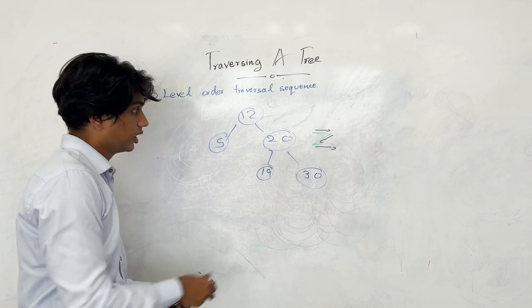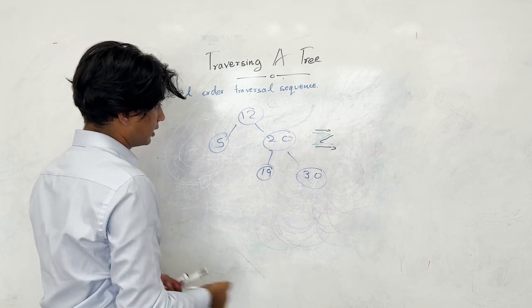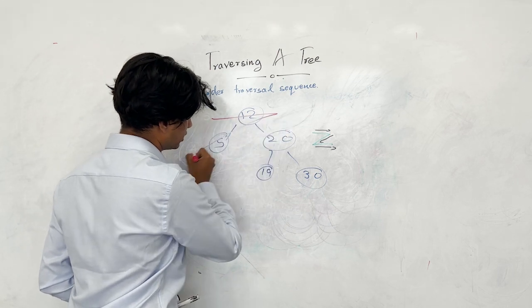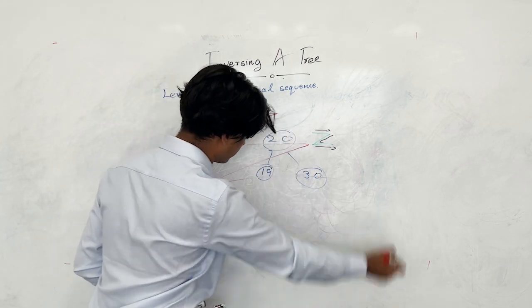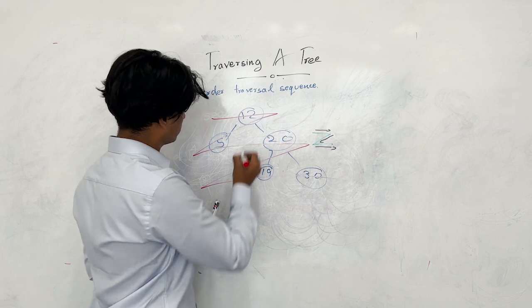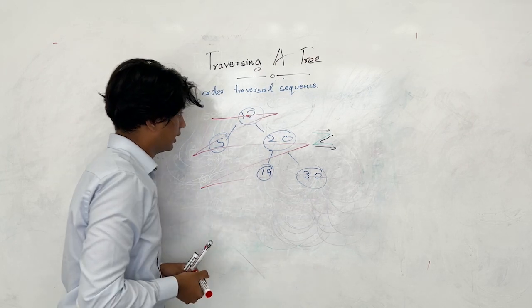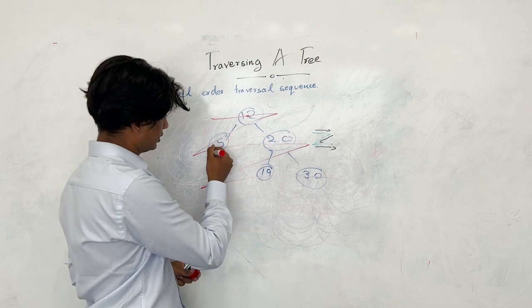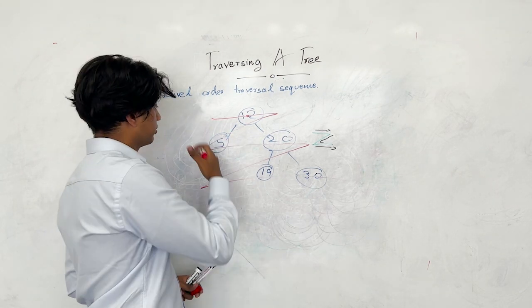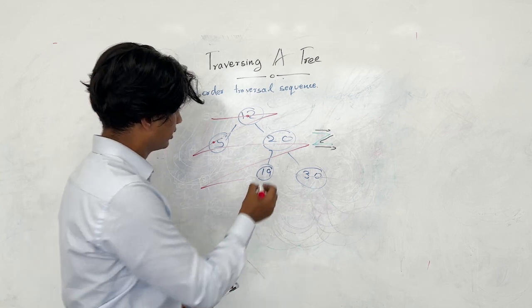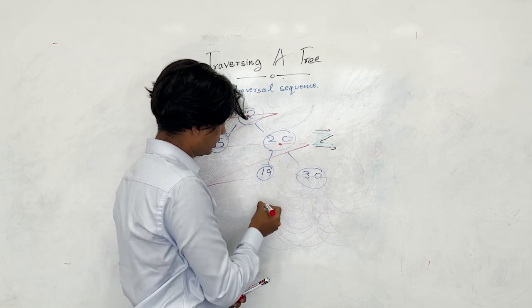So if I implement this method here, first I'm going to mark number 12, and after that, since I'm going from left to right, I would have to mark number 5, and then number 20.